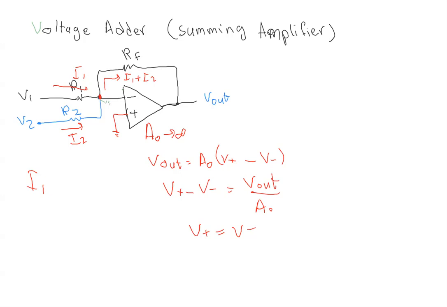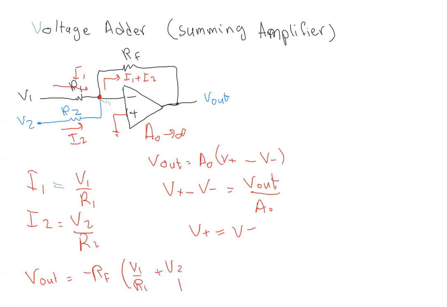So I1 is equal to V1 divided by R1, and I2 is equal to V2 divided by R2. Now both of them will be summed together. So V out is equal to minus RF times (V1 over R1 plus V2 over R2). Okay.